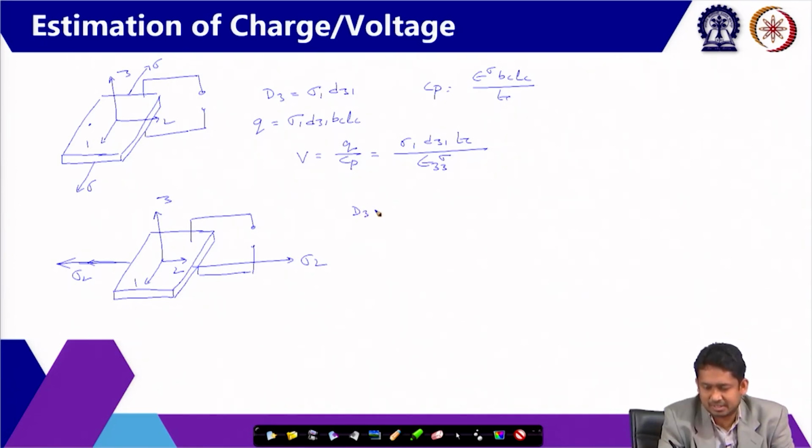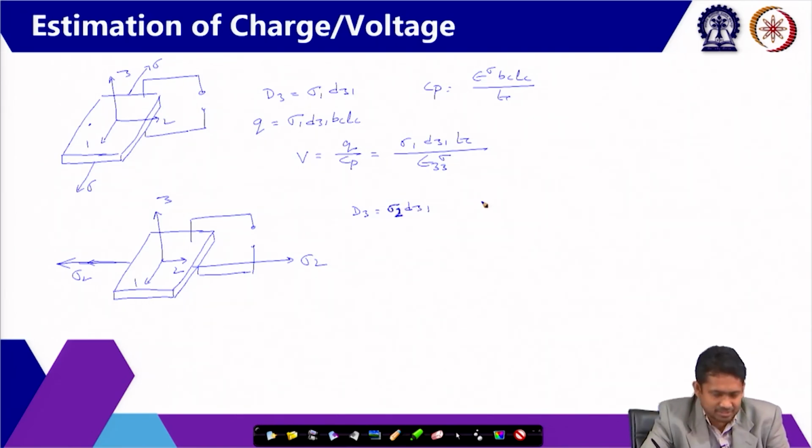Our D3 is also sigma 1 d31, because the plane is isotropic in the 1-2 plane. Stress is now sigma 2, not sigma 1, and Q is sigma 2 d31 Bc Lc, and the expression for the capacitance remains the same. So, finally, voltage becomes sigma 2 multiplied by d31 Tc divided by epsilon 33 sigma.